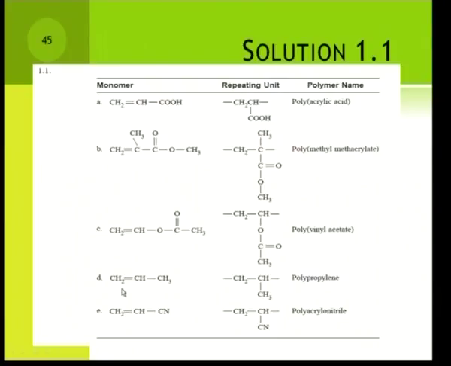Coming to the next example, CH2=CH-CH3 is a very simple molecule, your propene, which forms CH2-CH-CH3. CH3 is a side chain, and this is your main chain, and the polymer is polypropylene. Now, the last one, CH2=CH-CN, forms a repeating unit like this: CH2-CH-CN.